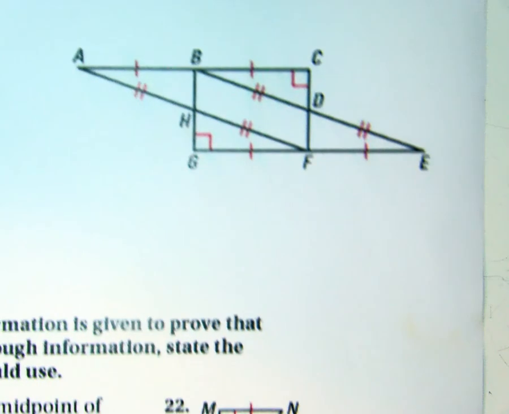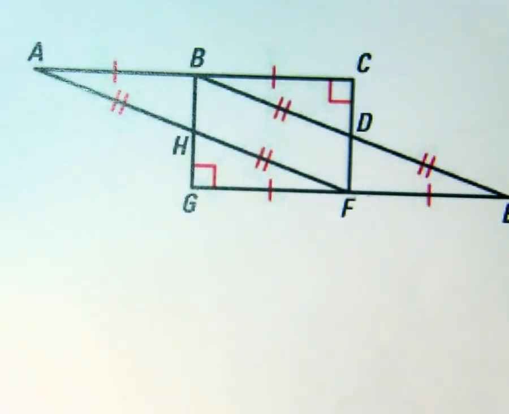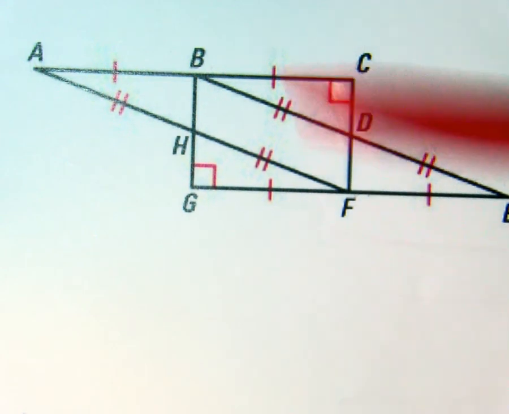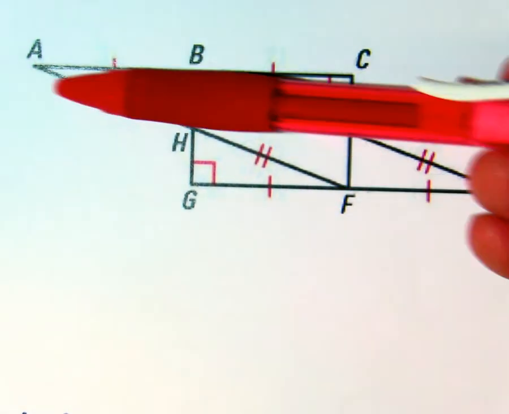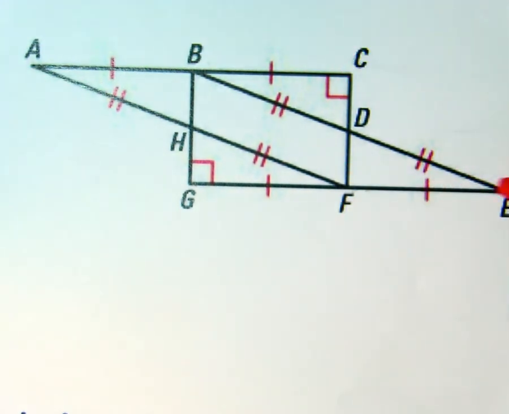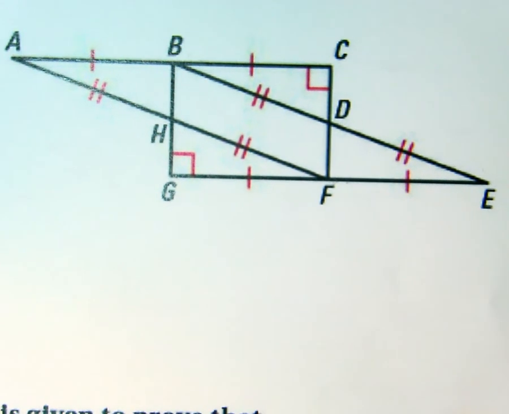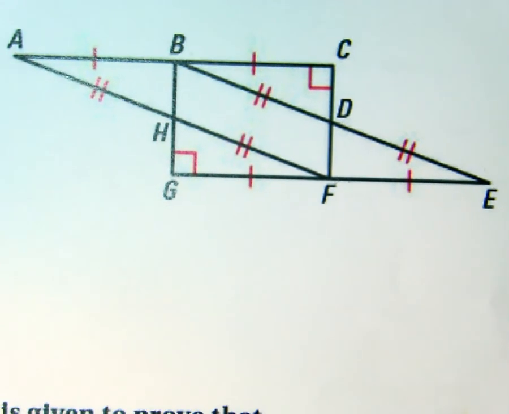Okay, so a few more things here. How about this one? The overlapping triangles. The one up here, ACF, and the one down here, EGB. Pause it for a moment and see if you can figure out if those are congruent. And yes, they are.